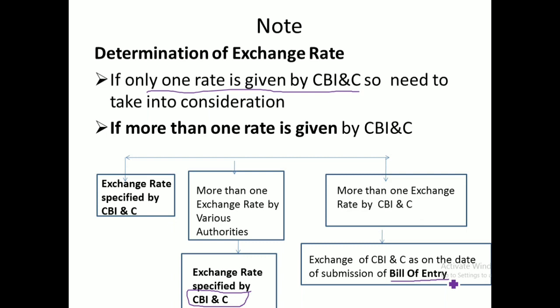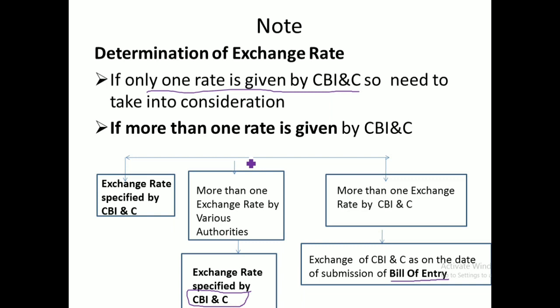The bill of entry will be submitted before the goods reach our country. So here I will just brief this. If only one exchange rate is given, you can go for the rate given by the CBIC. If more than one exchange rate is given, the exchange rate specified by CBIC we can consider.